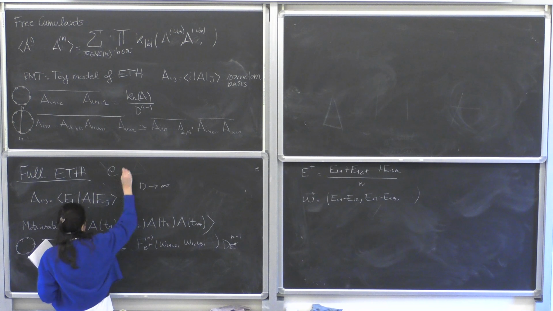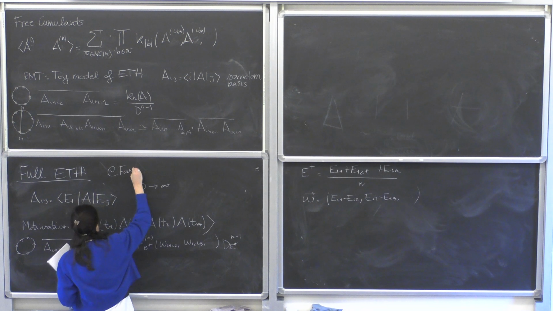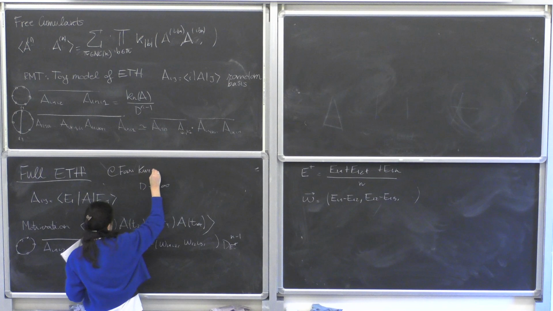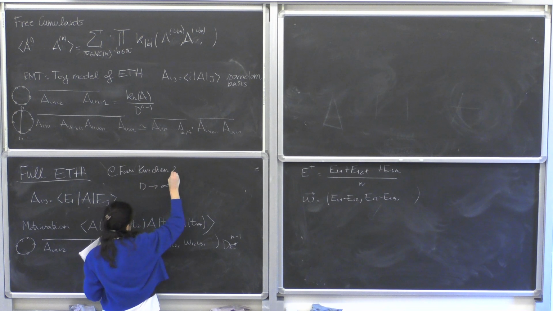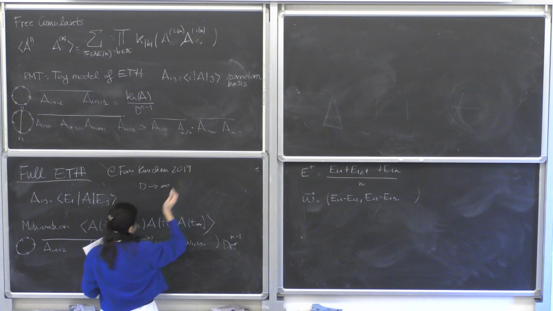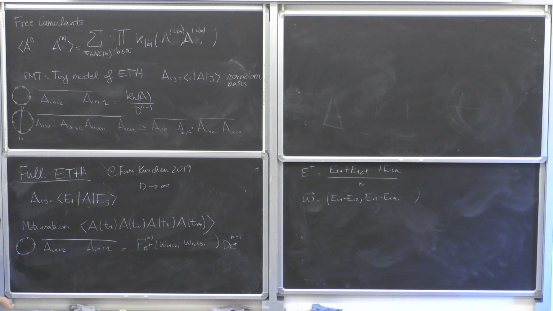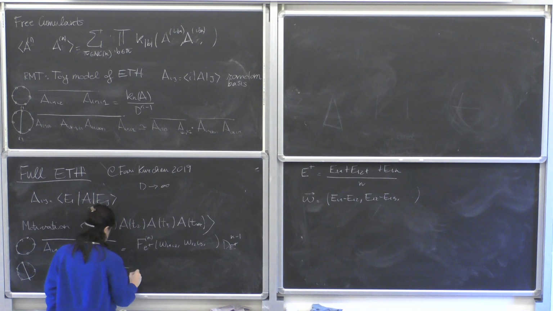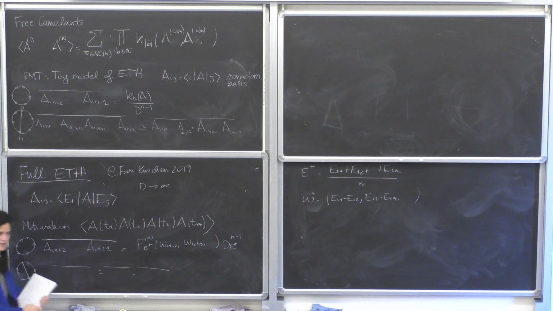And this, as I was saying, is Foini and Kurchan 2019. And then the other property is that if one of the indices repeats, then it factorizes. I'm not going to rewrite it just because there are so many indices, but you have it.